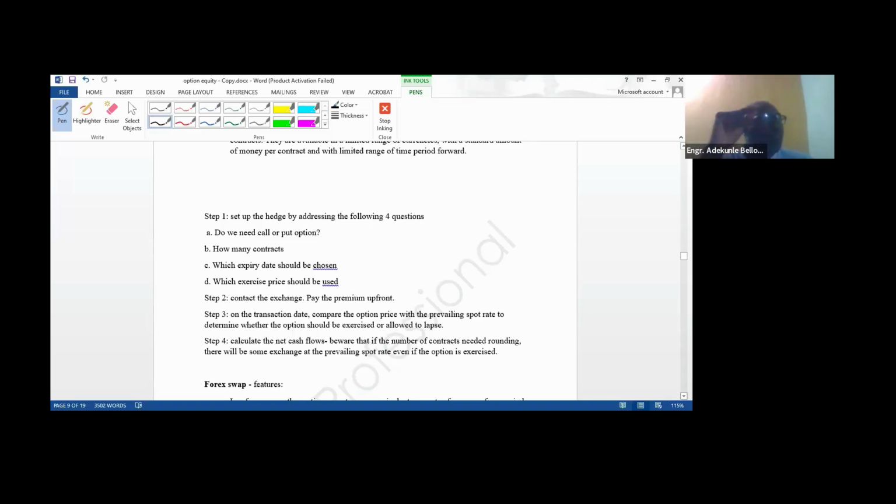If the spot rate is not given on the transaction date, we can assume that the option will be exercised at the exercise rate.